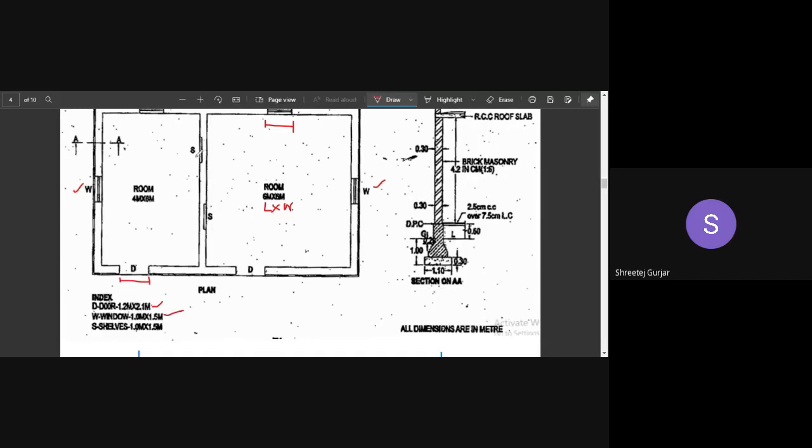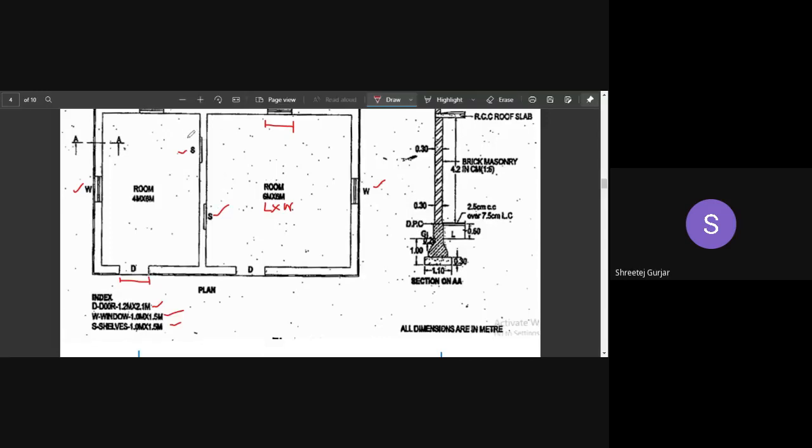Next we can see there are two shelves over here. Shelves are provided in the wall. Two shelves are provided, and the dimensions of the shelves are also given. They are 1 meter wide and 1.5 meter in height.